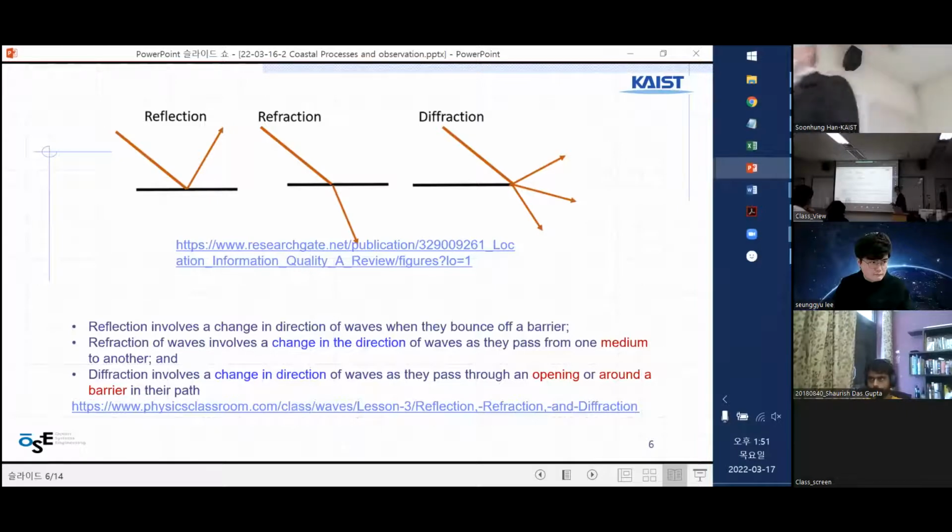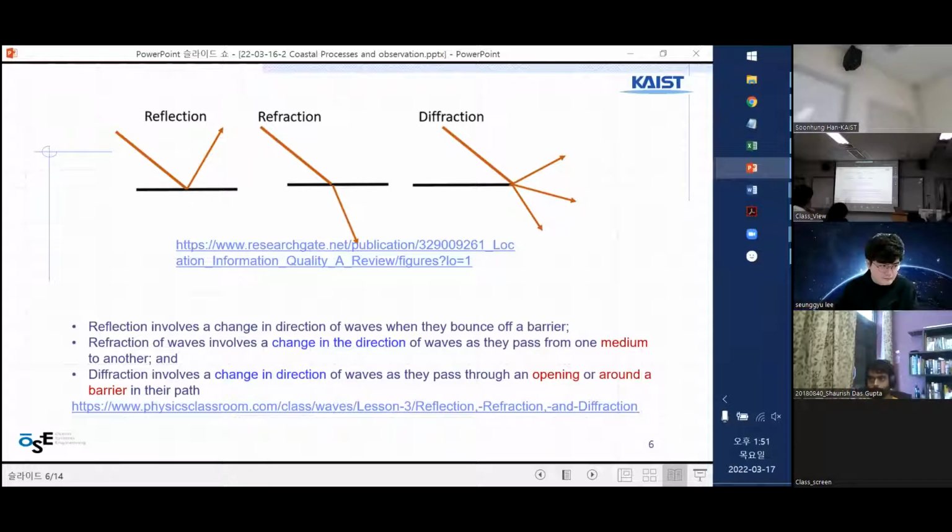So this is very confusing. Every time I have a class here, I'm confused with these names. Reflection, refraction, diffraction. Reflection is easy to remember. Reflect.